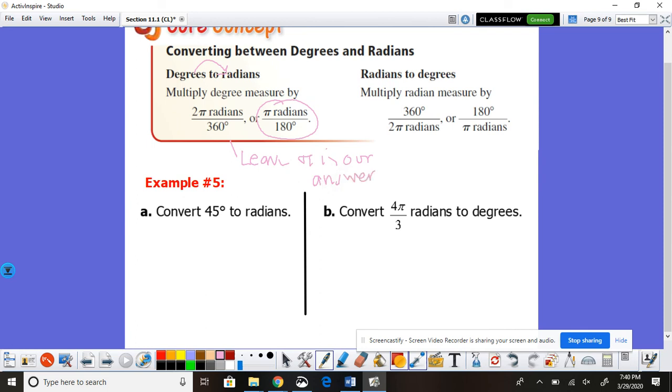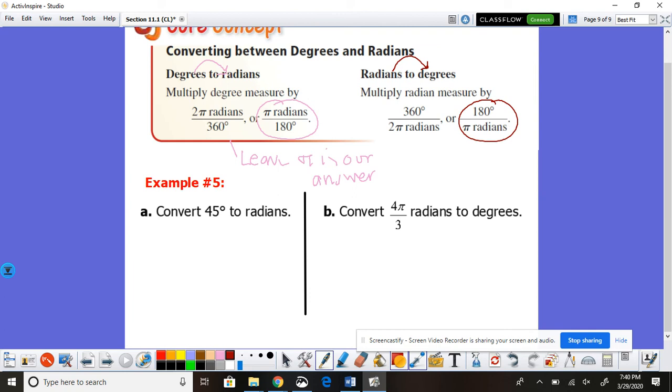We're not going to put pi into our calculator. We're going to simplify the fraction and leave pi in. You'll see what I mean here in a minute. Now when we go from radians to degrees, all we're going to do is flip it, 180 over pi.